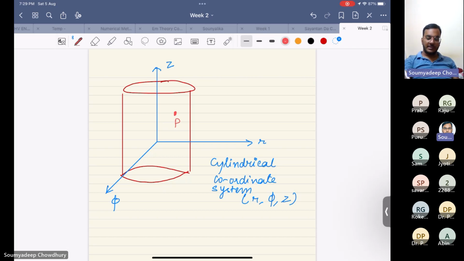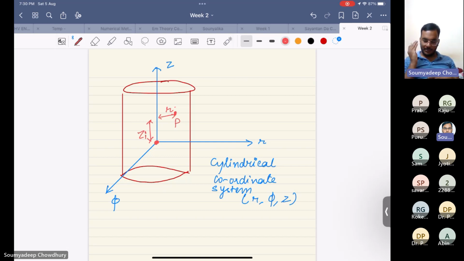How much is the displacement from this middle point? This is known as R. What is the height of this point from the ground? Suppose this is my ground level, so what is the height from the ground? This is Z.